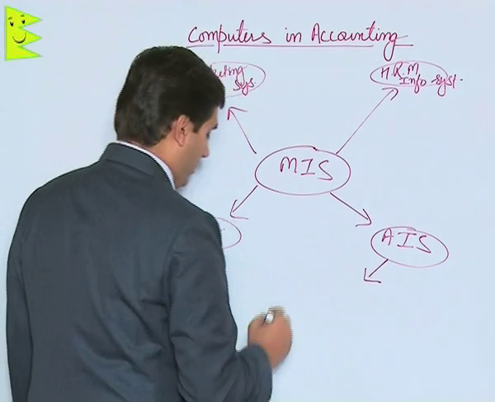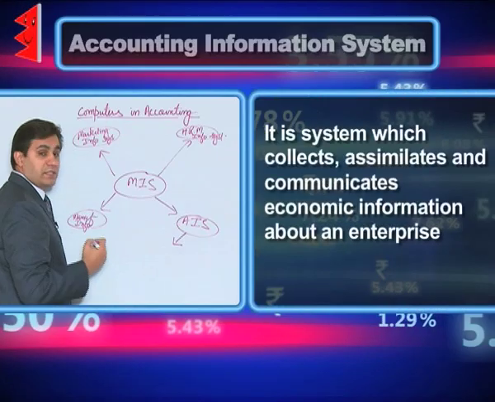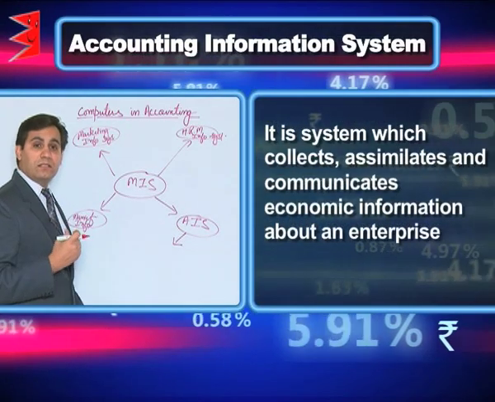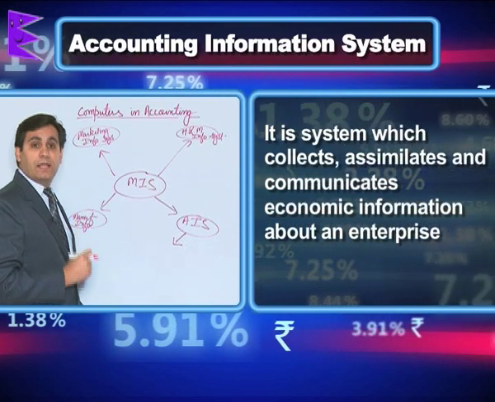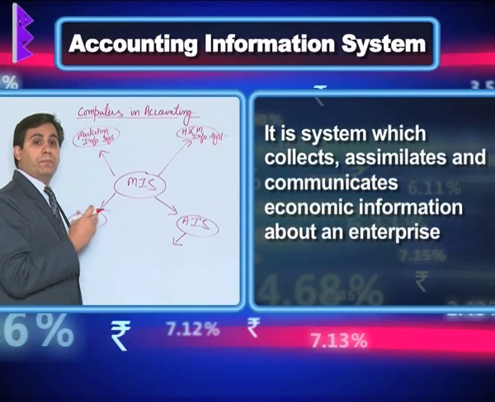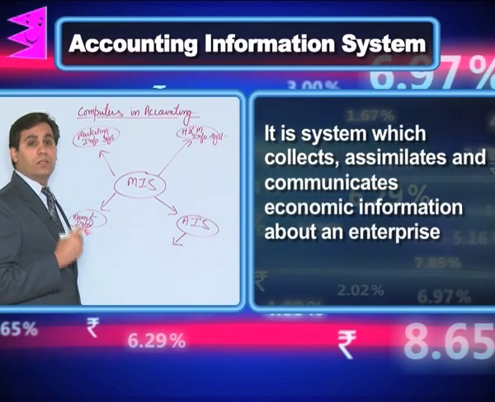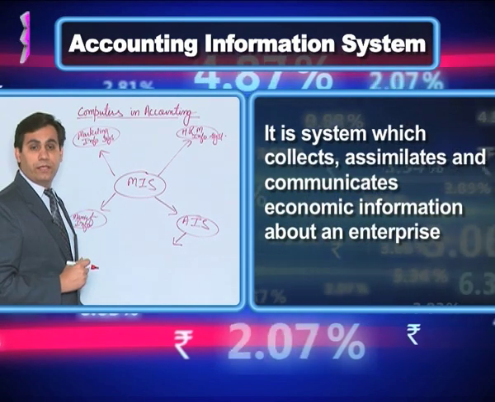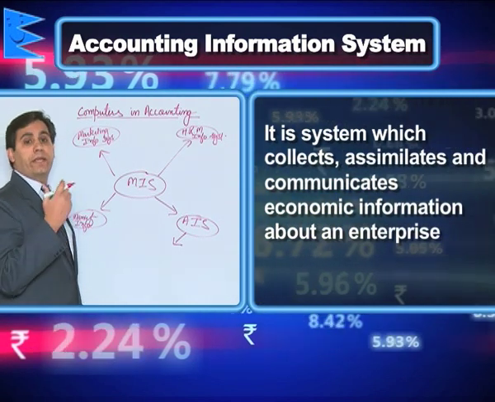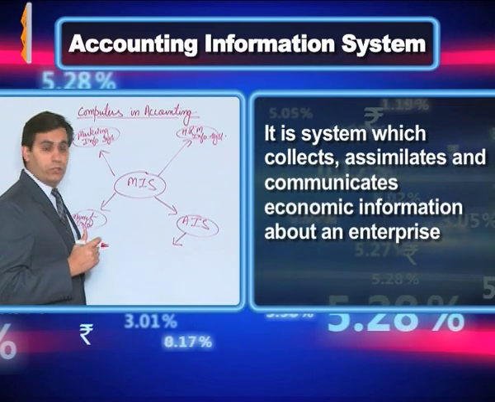So accounting information system is a system which gathers, collects, assimilates and supplies necessary economic information about an enterprise to its internal and external users.